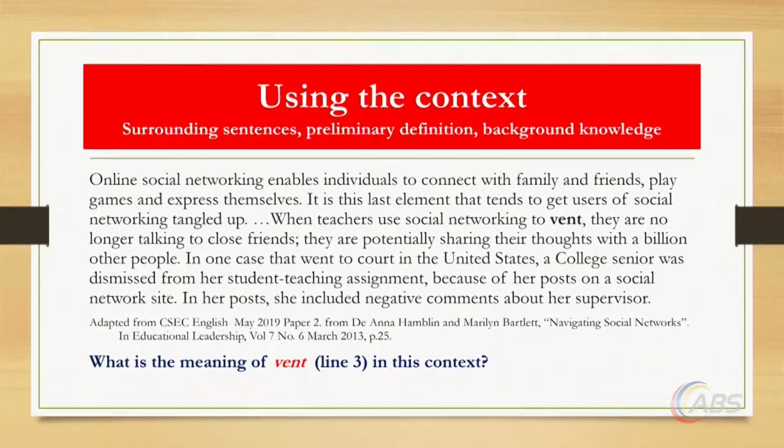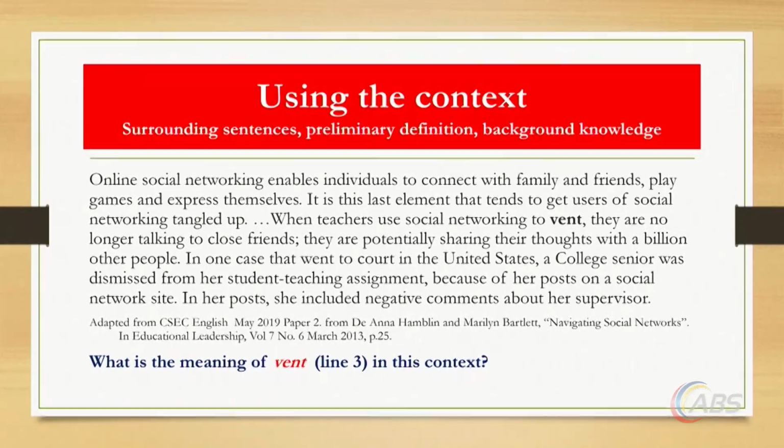They are potentially sharing their thoughts with a billion other people. In one case that went to court in the United States, a college senior was dismissed from her student teaching assignment because of her post on a social network site. In her post, she included negative comments about her supervisor.